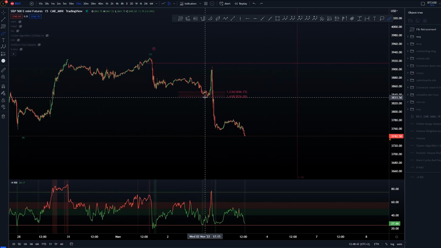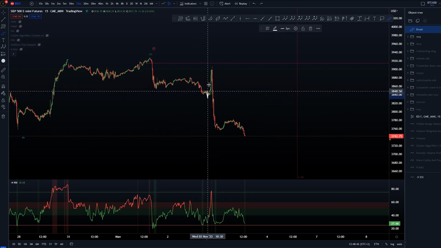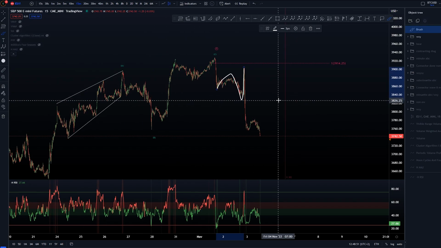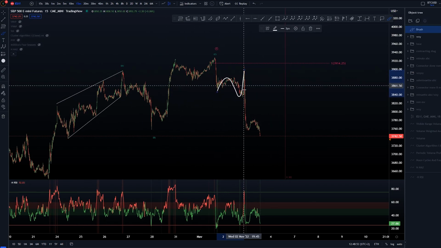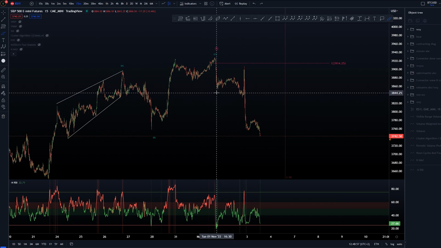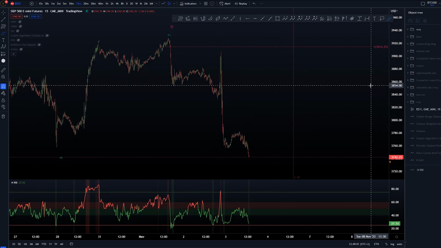However, again, as mentioned, it does not really close anything below there. It is just going through it, and I guess we could be having this as a 1, 2, 3, or sorry, ABC, even though we do wick through the 1.618. Again, that is just a guideline that I have, but we don't really have multiple options here, in my opinion.